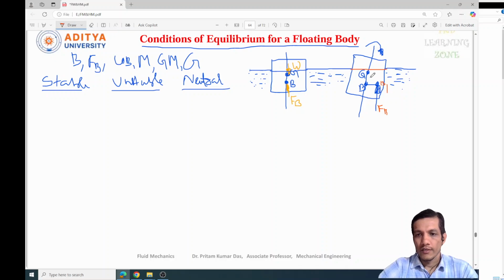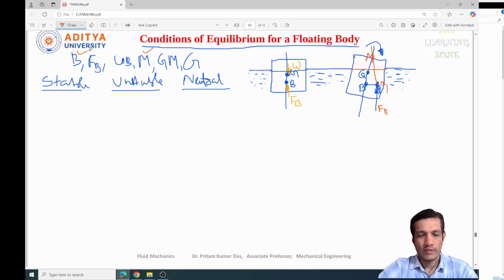Now, if you draw the line of action of this force of buoyancy vertically upward, this line is going to meet the axis line at a point. This point is nothing but the M point, and that is known as the metacenter.